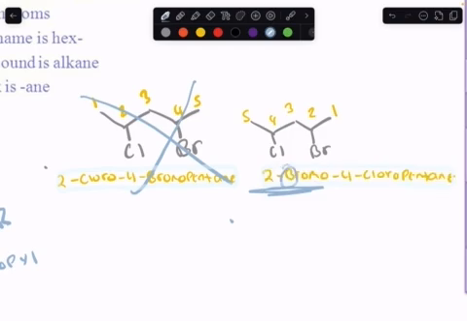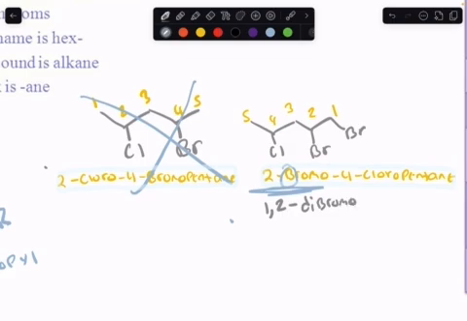Now there's another thing that we need to go over, when you have multiple of the same substituent. So let's say that we have a Br here. Now we have two Brs. We would change the name and do 1,2-dibromo, okay? And you could keep going.